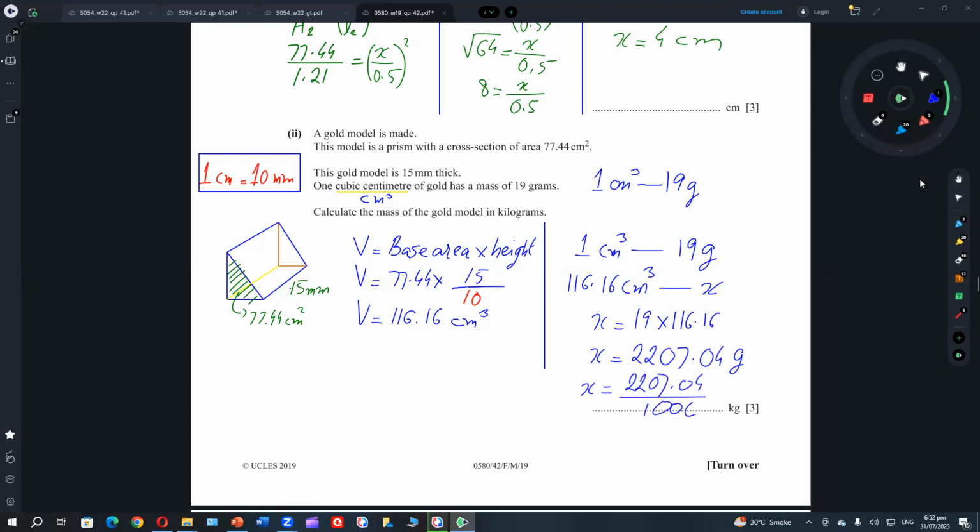Sir, but it says kg. Yes, kilogram. So why am I dividing by 1000? Okay, sir.